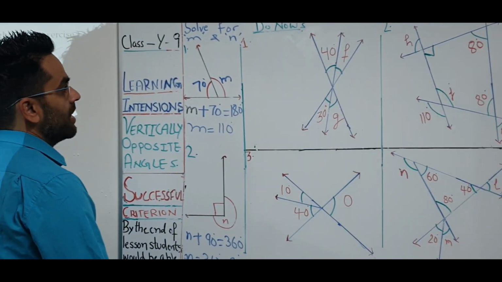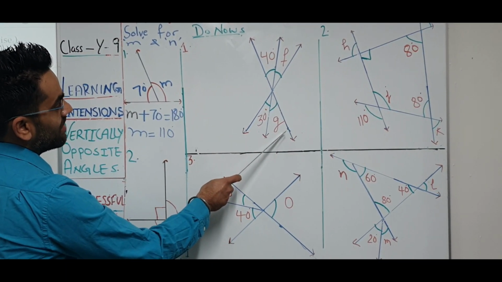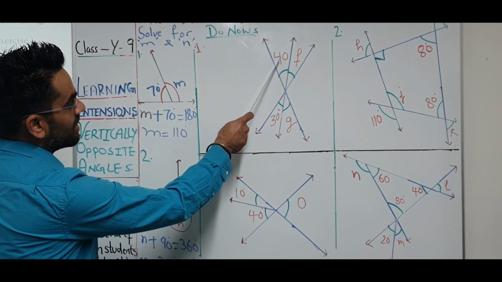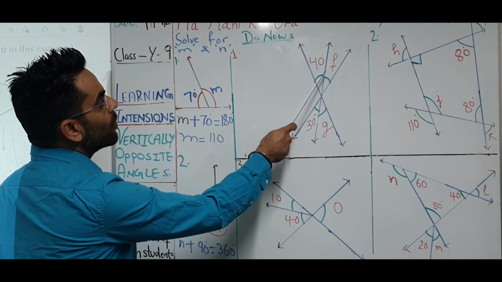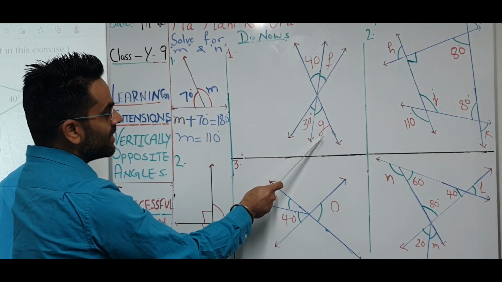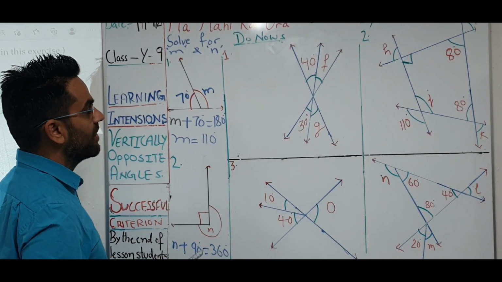So look here, one angle is given as 40 degrees and one angle is 30 degrees. Two angles are missing, F and G. I'm going to write it here.